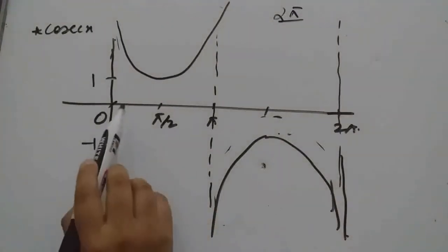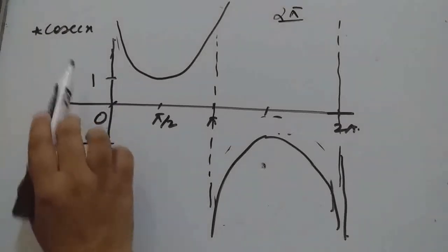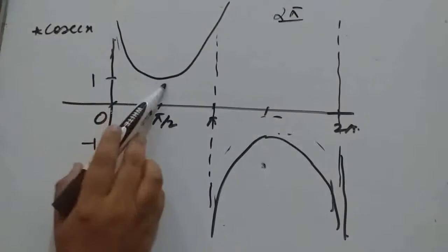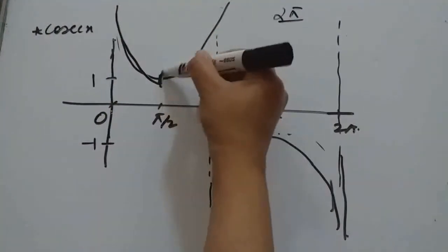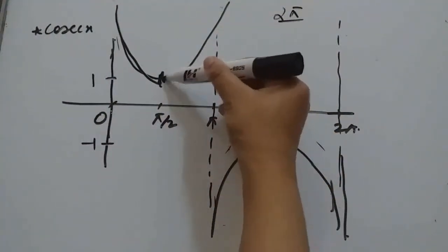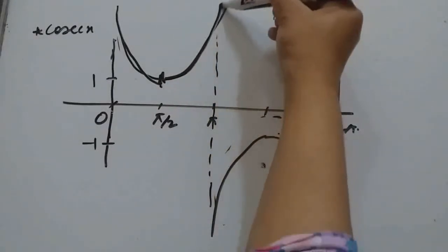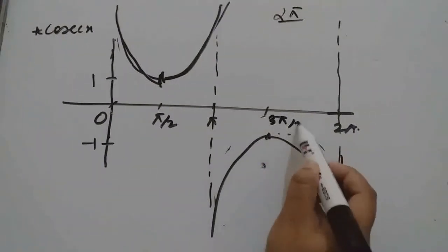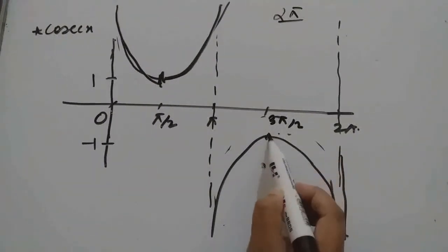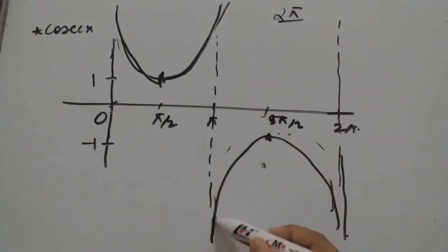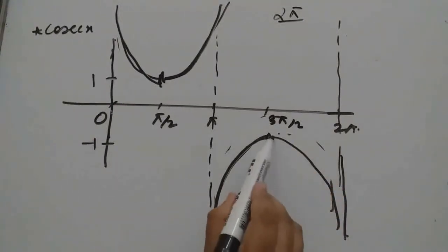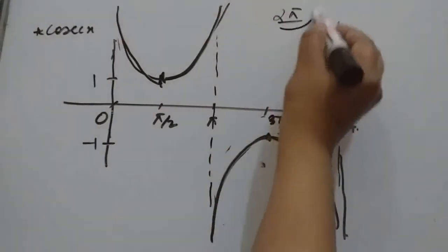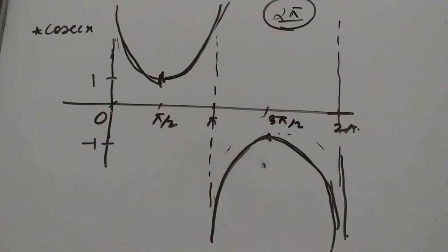So what we can say from this is that for cosec x, in the first quadrant it decreases from infinity to 1. Then in the second quadrant it is increasing from 1 to infinity, and then this is 3 pi by 2. In the third quadrant it increases from minus infinity to minus 1, and then decreases from minus 1 to minus infinity. So this is the behavior, and the interval of repeating the value is the same, that is 2 pi.